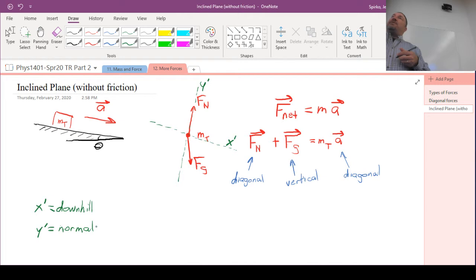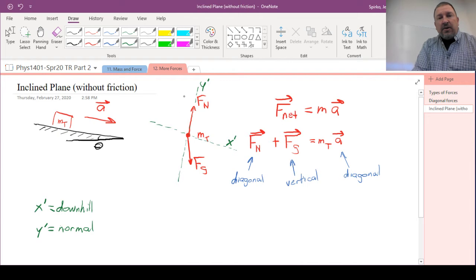So the regular y-axis would be up. The regular x-axis would be rightward. But I've changed my coordinate system. I've just tilted the entire coordinate system. So what that does for me is when I go to put my normal force into my equations, my normal force is in the y prime direction.